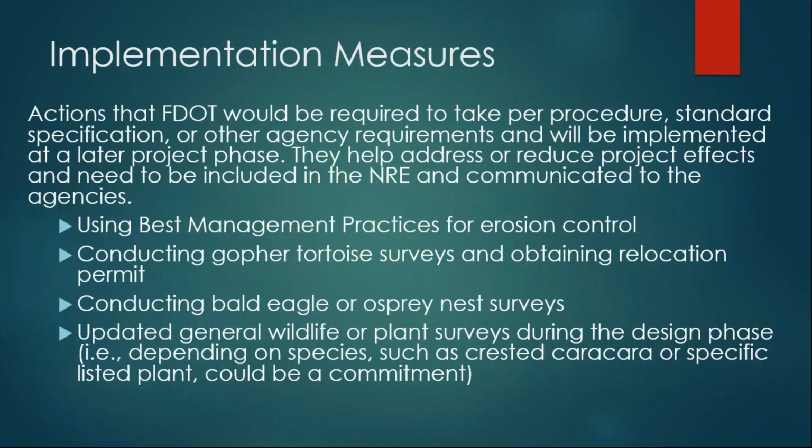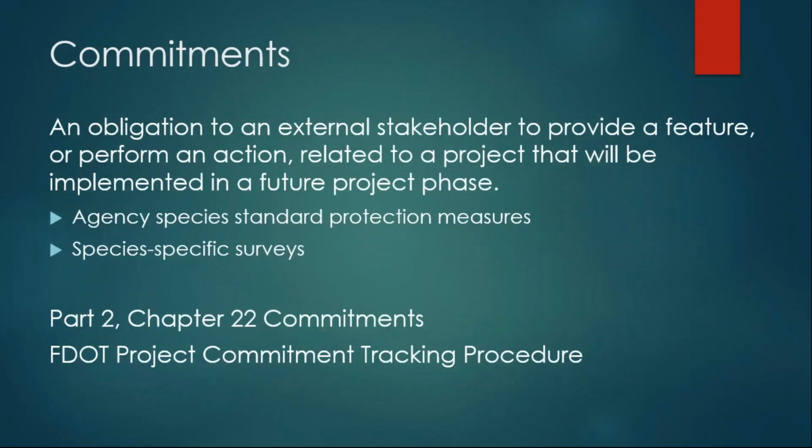Some things that should be identified as implementation measures are using best management practices for erosion control, conducting gopher tortoise surveys and obtaining relocation permits, conducting bald eagle or osprey nest surveys, updating general wildlife or plant surveys during the design phase. So some of those things should be identified as implementation measures, which are not commitments.